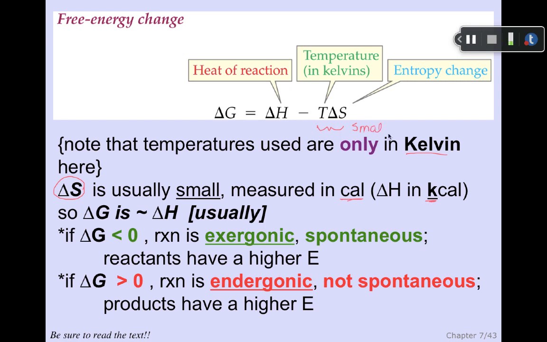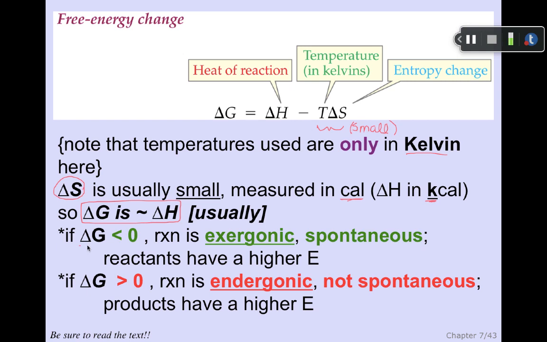So it depends on what your temperature is, how large that factor is that's being subtracted from delta H. If that value overall is small, that means that delta G generally is similar to delta H, unless your temperature and delta S are much larger. So typically, delta G and delta H have the same sign, but that's not a guarantee.